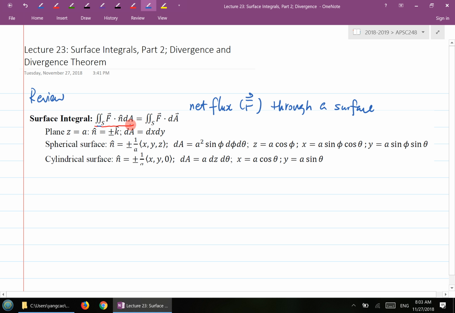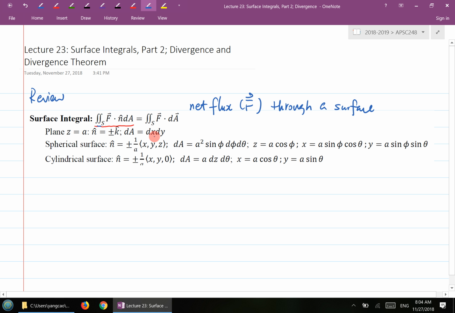The idea is to figure out what n hat is, and also what are the 2 variables that we use to evaluate this surface integral. Because the surface integral is not a triple integral over a certain volume, it's a double integral over a certain surface. So all you need is 2 variables to conduct that evaluation, the double integral. And that's 2 variables out of the 3 in 3D space.